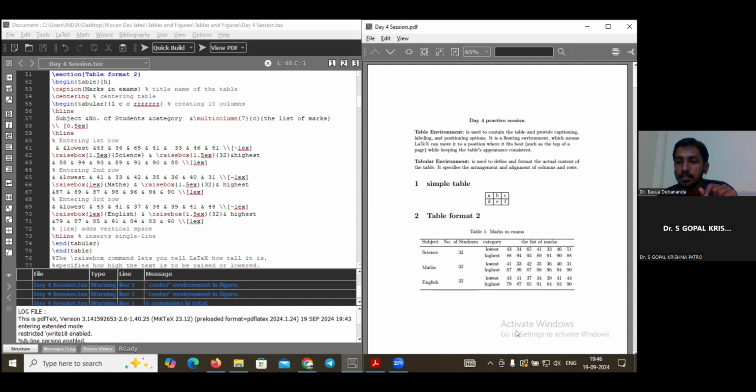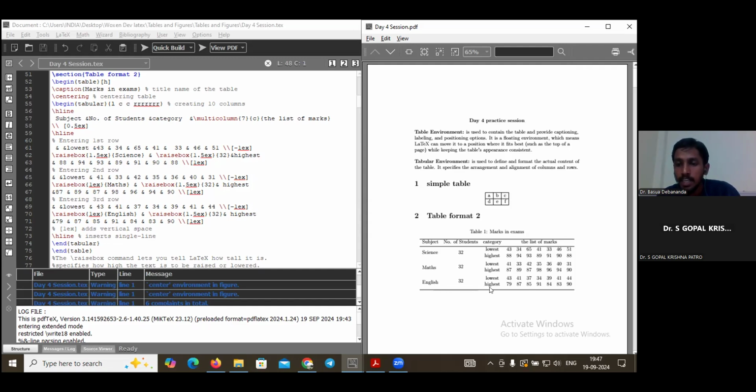You can see the third column is divided into 7 columns. I want all of these right aligned, that's why I have written R 7 times. Now you can observe I have not drawn the vertical lines, that's why these lines are not coming.